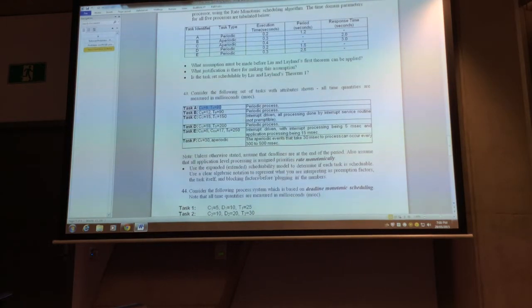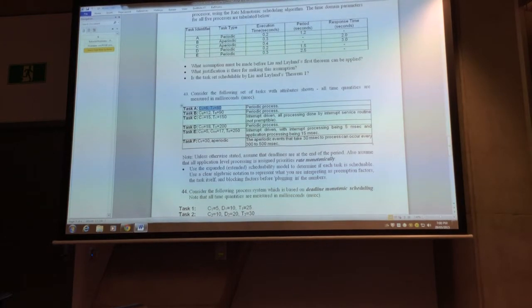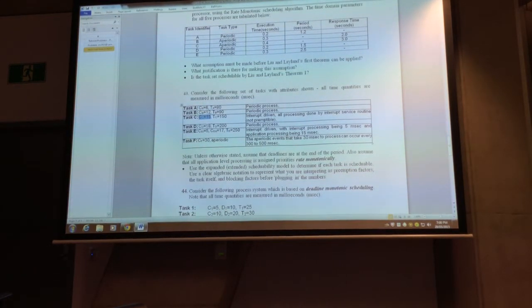CC plus CEI over TA. That makes sense? Where did I get that from? Yeah, that's right. So the execution time for task C will appear as blocking factor to higher priority tasks, as will the interrupt-driven part of task E.